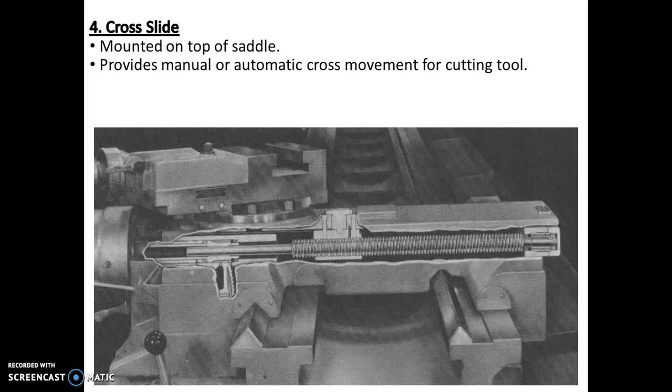Now let's discuss the cross slide. It is mounted on top of the saddle. It provides manual or automatic cross movement for the cutting tool. It is provided with a female dovetail on one side and assembled on top of a saddle having a male dovetail.